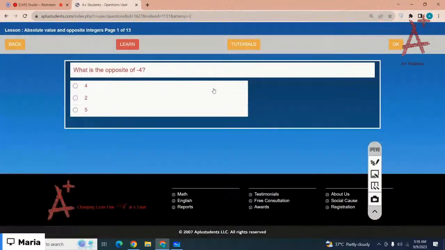So the opposite of negative 4 would be positive 4, right? You have to just change the sign. If it is negative, that means the opposite value is positive, and if it is positive, that means the opposite value would be negative. So the opposite of negative 4 is positive 4, right? Option number 1 is the correct option.